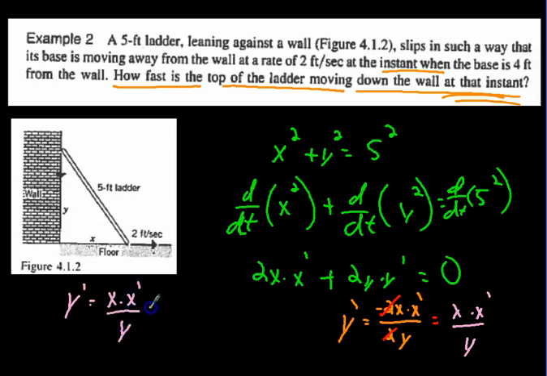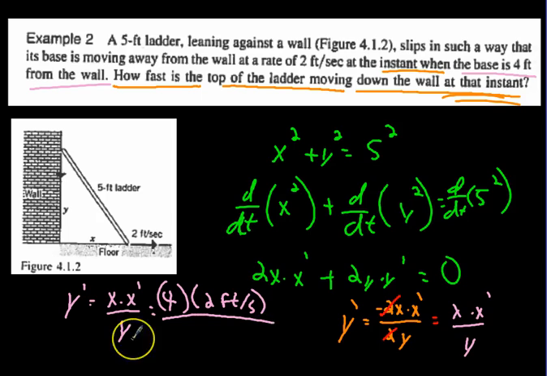Now let's think about all the stuff we know. We want to know when x is 4 feet away from the base of the wall. So that's 4. The rate at which x is changing is 2 feet per second.